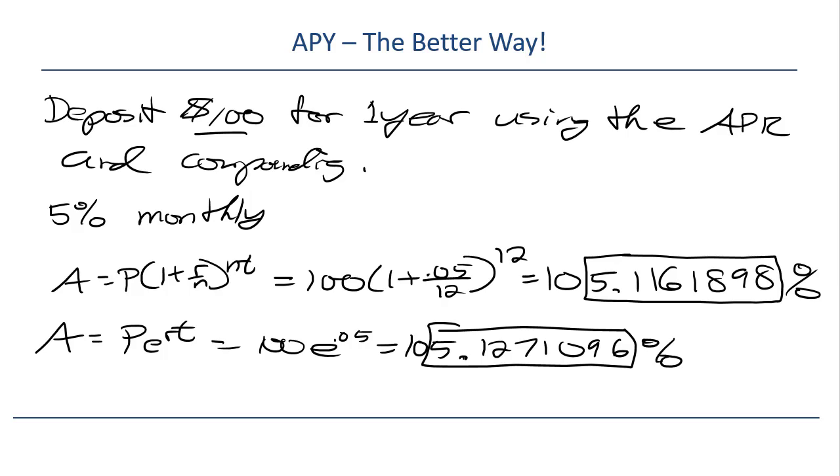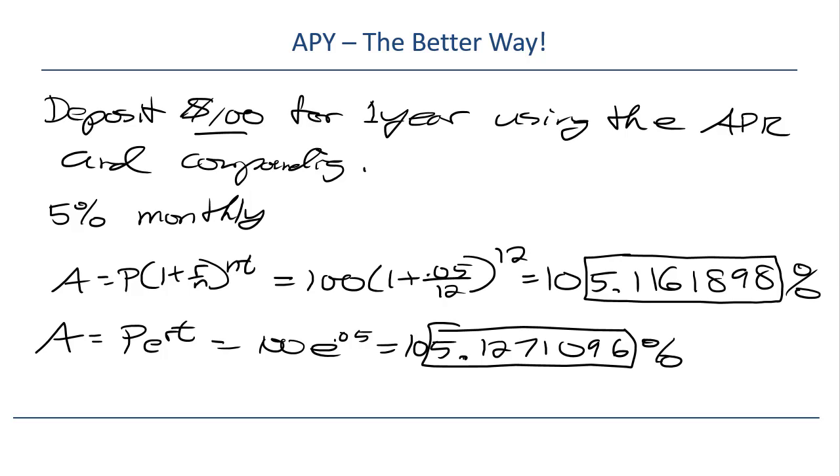So it's a beautiful, simple little trick. If you just use $100, it makes the math really easy, because all you're doing is calculating how much actual interest you would earn in 1 year, which is what APY is. And then we always want to figure out what percentage of where we started it is.